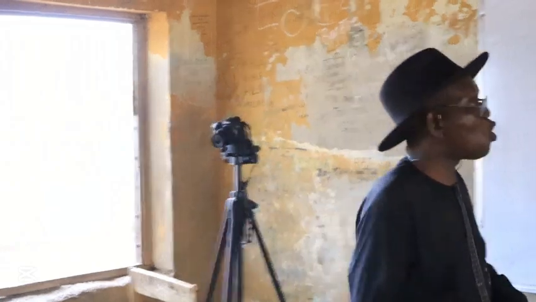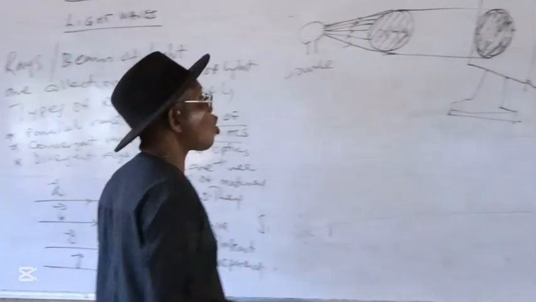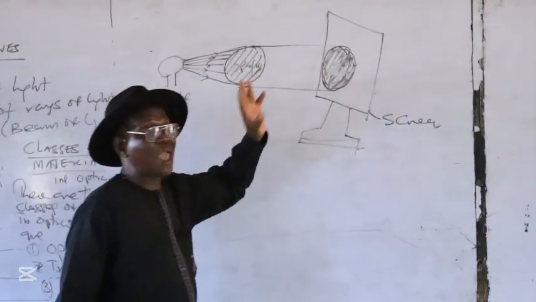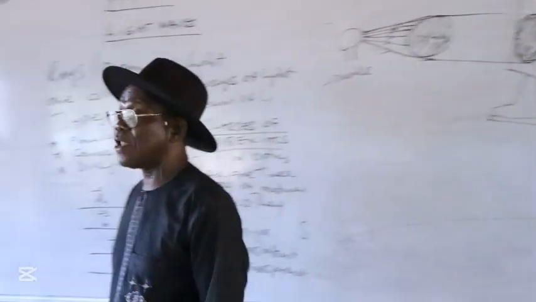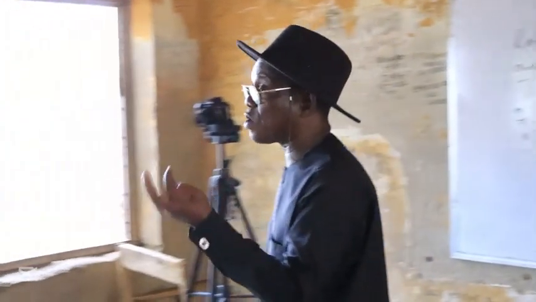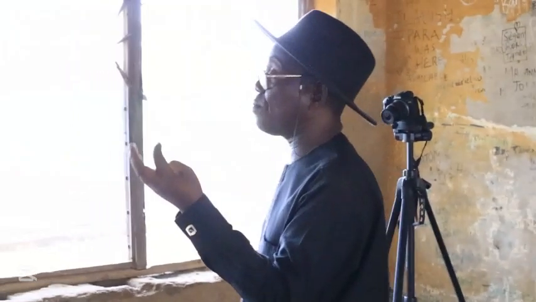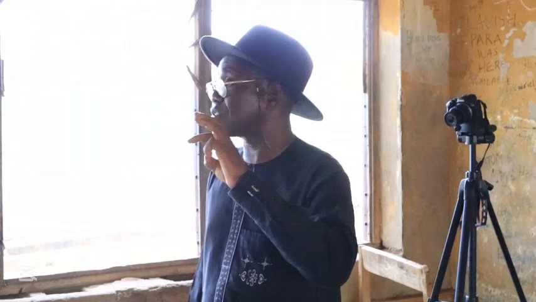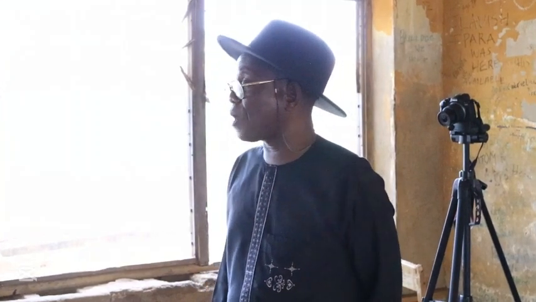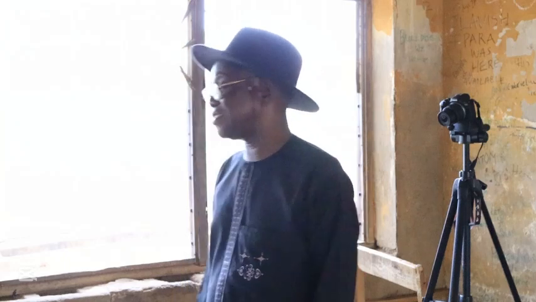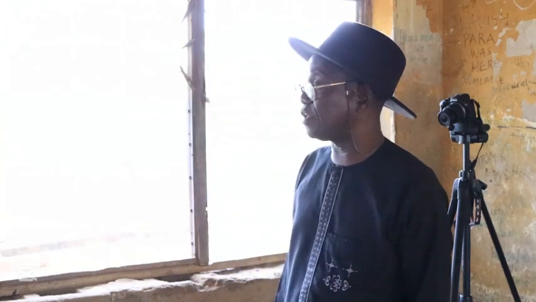Now, the size of the shadow depends on 2 things. The size of the shadow depends on the size of the opaque material, how big the opaque material is, compared to the size of the source, compared with the size of the light that produces the rays.